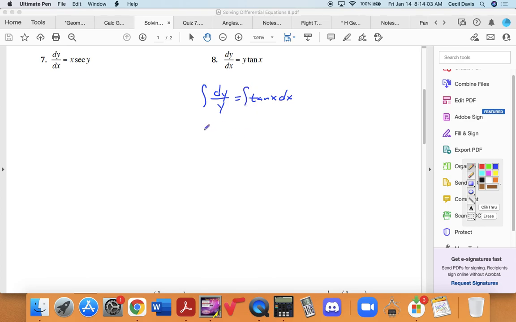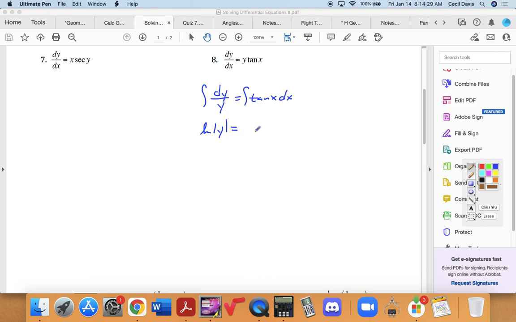All right, so here, natural log absolute value of y, not a problem. The right side's a little more difficult. Okay, and again, this is something where you can kind of reason your way through it, undoing the chain rule, but you're like, well, how am I going to undo the chain rule? There's nothing to undo. We'll actually do this one a little later.